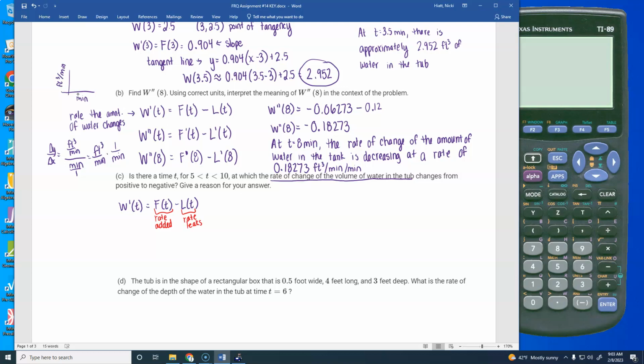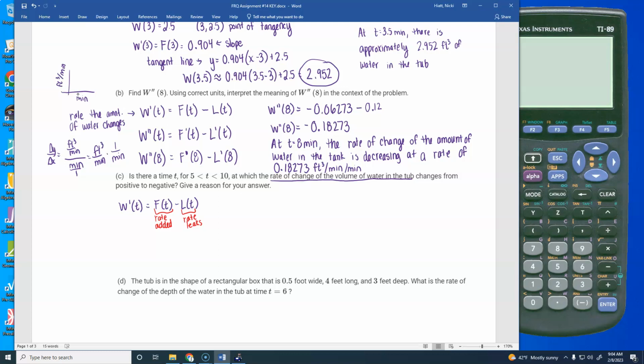So, what condition do you have if that rate is positive? F of T is greater than L of T. You're adding water to the tank faster than the water is leaking, right? So if you have just a little tiny hole in the tank, a little bit's leaking out, but you're adding water faster, it's still going to fill up the tank, right?